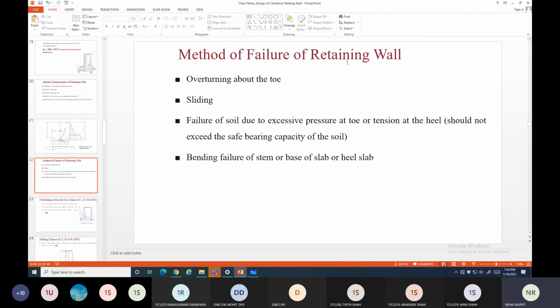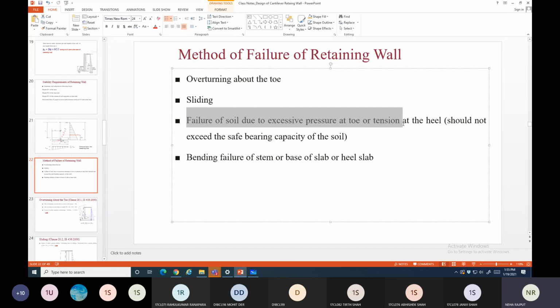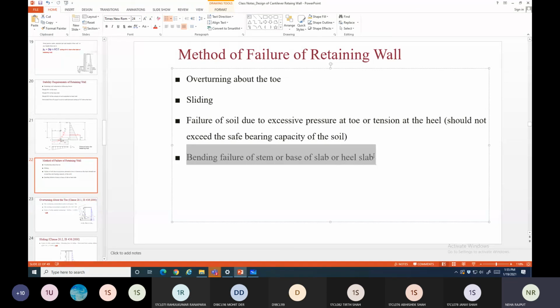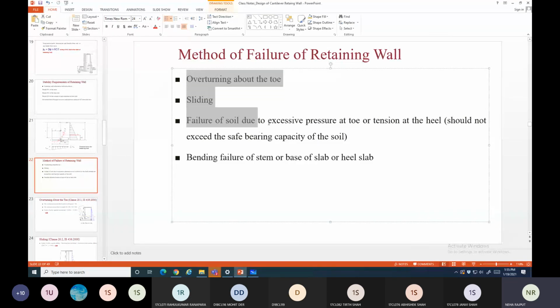So mode of the failure of retaining wall: overturning about the toe, sliding, and failure due to excessive pressure at toe or tension at the heel should not exceed the safe bearing capacity, and bending failure of stem or base slab or heel slab. So these are the different mode of retaining wall. First is overturning, as I explained, sliding.